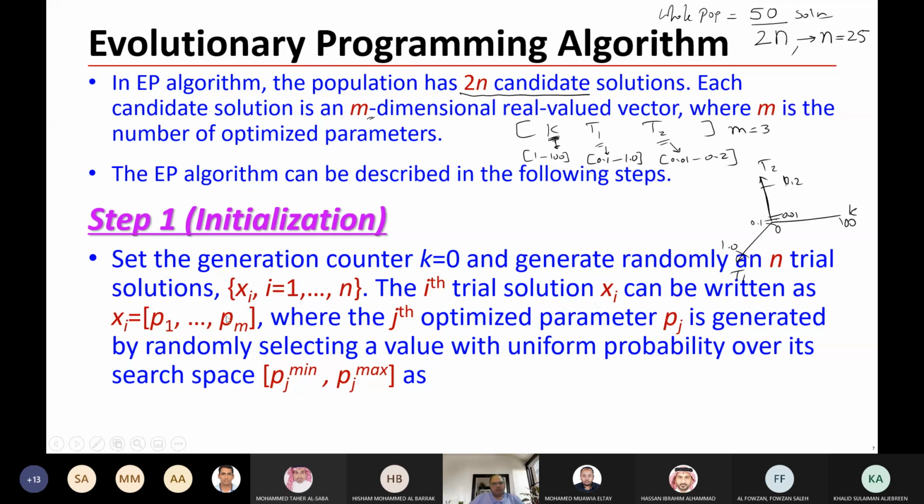Each solution has 3 parameters, and these parameters are generated within these bounds.